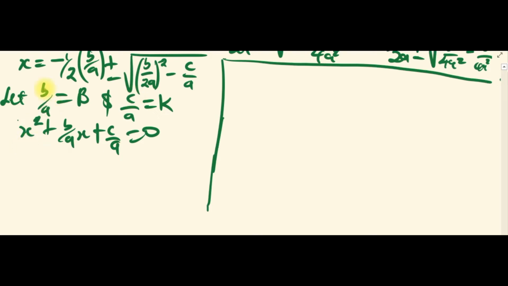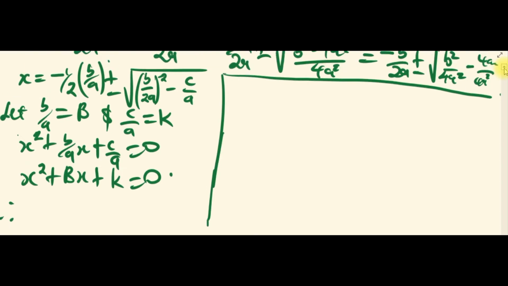So remember, we say let b over a be b. So we have x squared plus bx plus c over a, which is k, equal to 0. So what do you notice from here? Our quadratic formula is written in a very concise way.